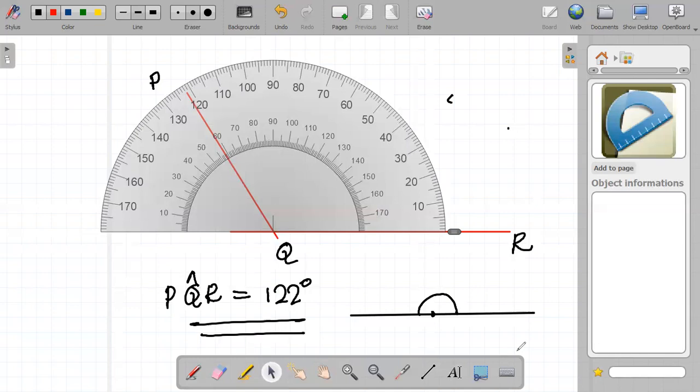BYZ. What's the value of the BYZ angle, Shinal? Also an acute angle.